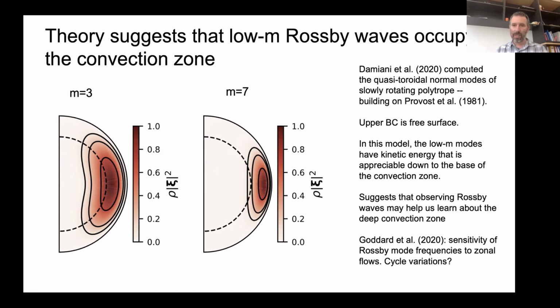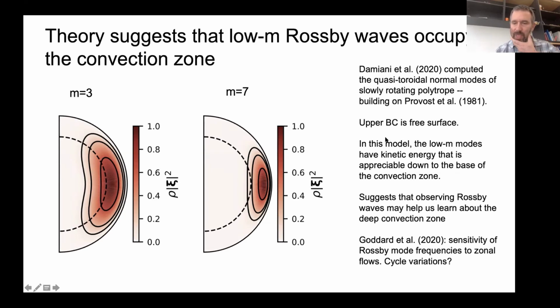She took the work of Provost and extended it a little bit and did this calculation of the quasi-toroidal modes, so the modes that are very close to just these horizontal twisting motions. And she did the calculation in a slowly rotating polytrope. The upper boundary condition here is a free surface.